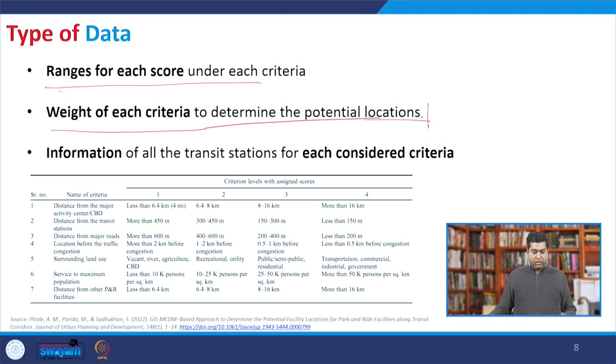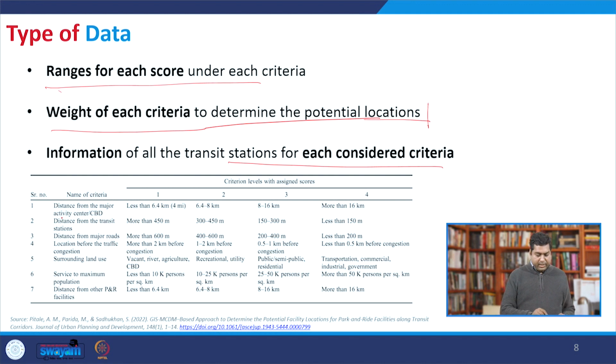Then information of all transit stations for each considered criteria was taken into consideration. Now, in this particular case, we have finally selected 7 criteria based on thorough literature review, initial discussion with the expert, and also the contextual evidence.